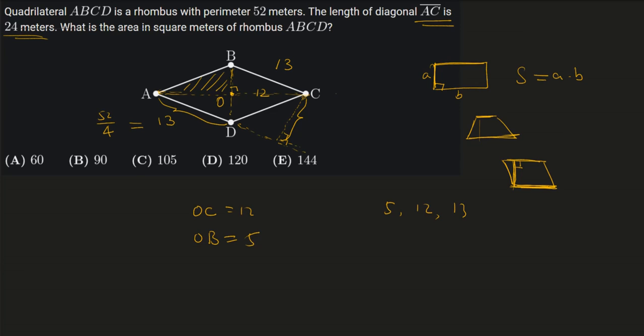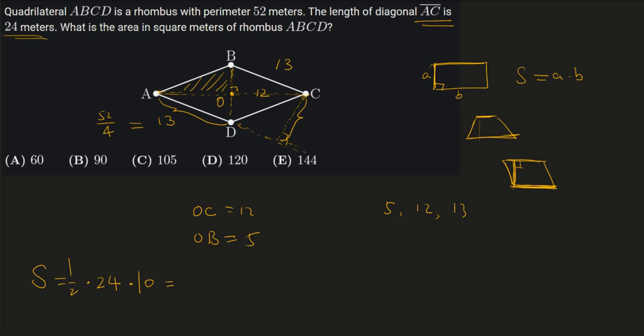Then things become a lot easier. We can apply the formula of the rhombus area with the diagonal lengths. That equals half of the product of the two diagonals. One diagonal is 24, and the other is 2 times this OB, that's 10.